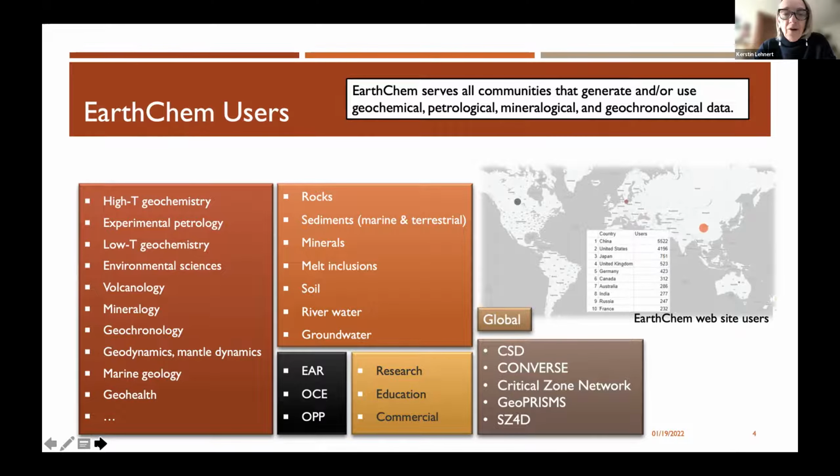And basically all of these communities contribute data to EarthChem. And so it serves very different communities such as high temperature geochemistry, low temperature geochemistry, geochronology, marine geology, and so on. You see even, I mean, geohealth is one of the newer domains that has started to use the EarthChem library.